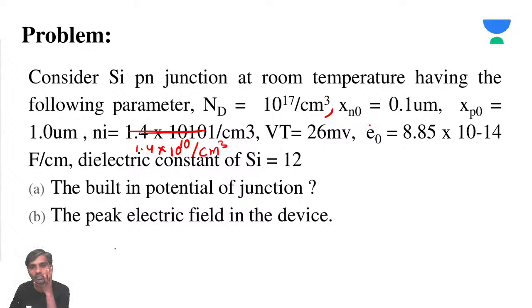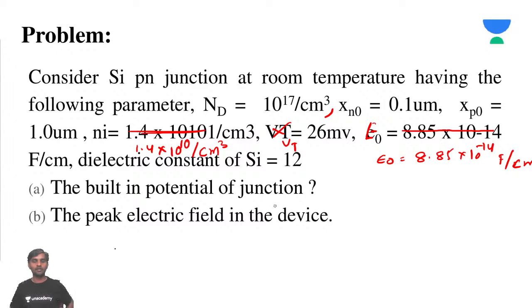This is going to be epsilon naught he's talking about. Some typing mistake has happened. 8.85 into 10 to the power of minus 14 farad per centimeter.